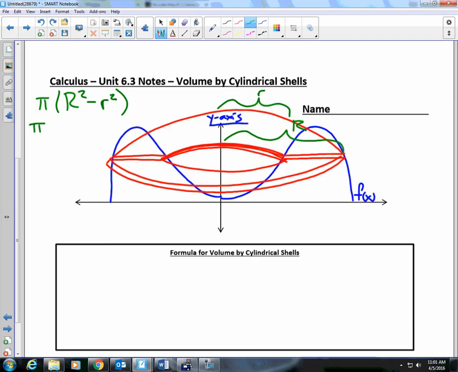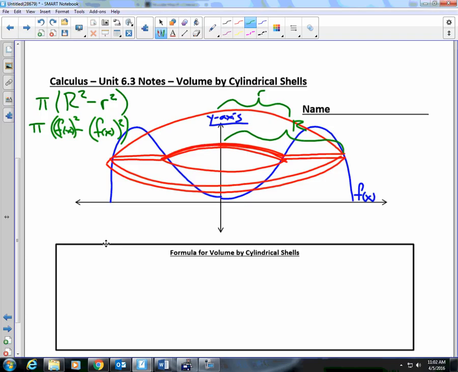So the little radius is determined by the function, so I would square that. What is used to determine the large radius? The function as well. And so when you subtract those, what's going to happen? You'll get 0.